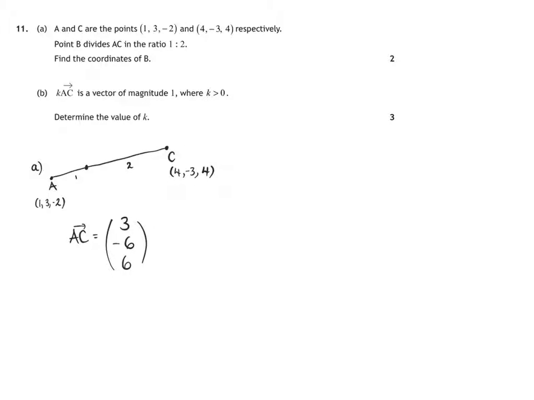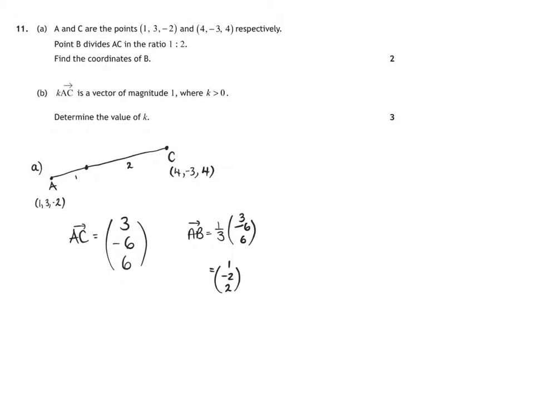Okay, so all I've done there is, to get from A to C, what do I need to do? I need to add 3 to my x, I need to take away 6 from my y, and I need to add 6 to my z. So then to go from A to B, it's going to be 1/3 of that distance because we've got 3 parts. So 1/3 of 3, minus 6 and 6, which is going to give us 1, minus 2 and 2.